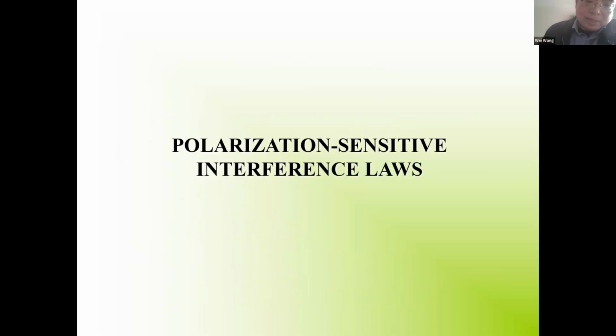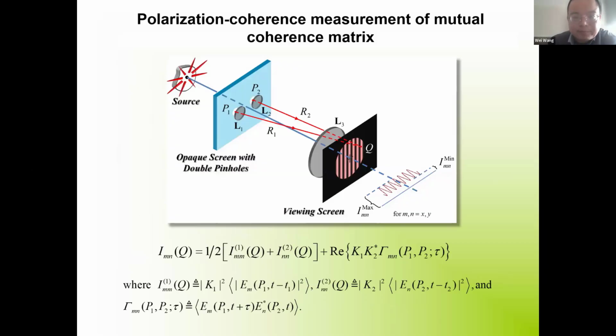So first, let's go to the first topic of today's presentation, the polarization sensitive interference law. As you see in this figure, this is the typical Young's interference. But compared with the conventional one, here we have taken the vector nature of the light into account.